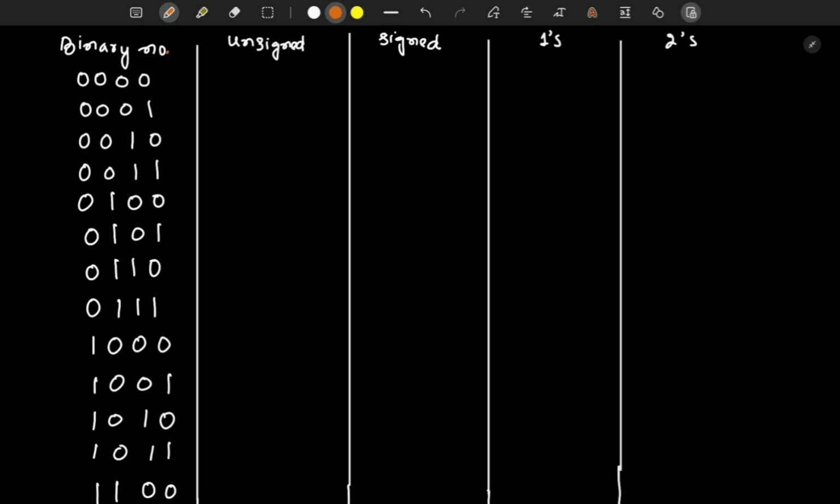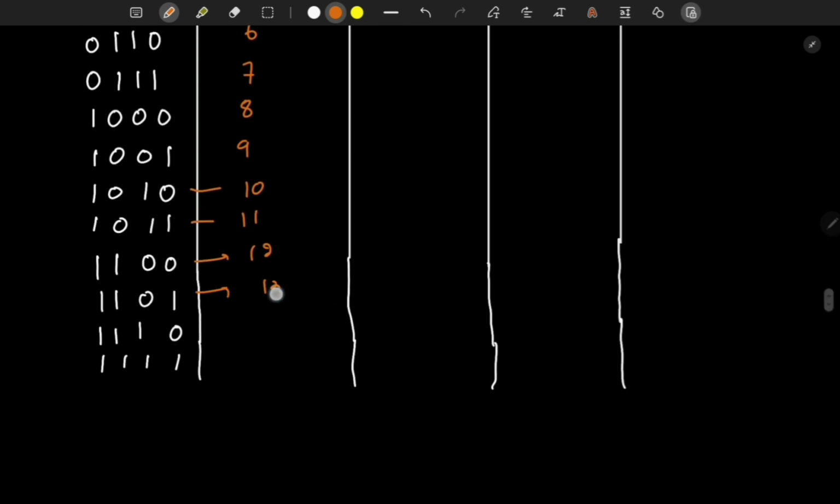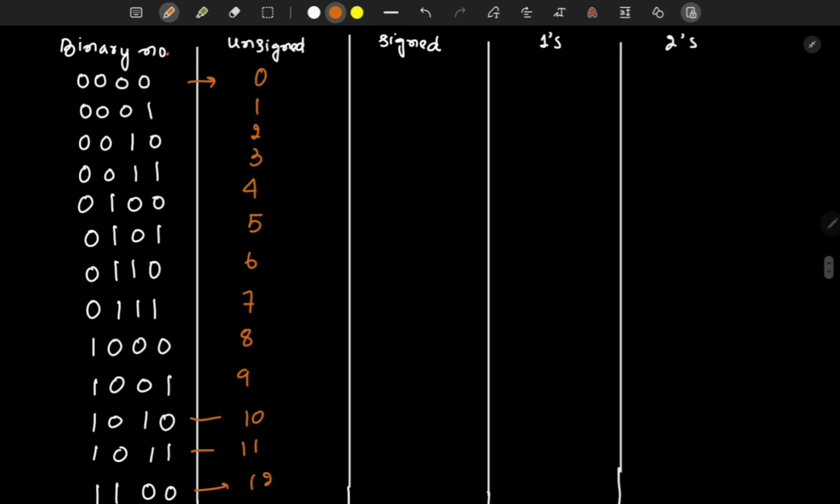Now here we have taken 4 binary bits and all the possible combinations from 0, 0, 0, 0 to 1, 1, 1, 1. In unsigned number representation, this is equivalent to 0, 1, 2, 3, 4, 5, 6, 7, 8, 9, 10, 11, 12, 13, 14, and 15. In signed representation, 0 at the MSB position represents a positive number. So up to this point we have positive numbers, and after this we have negative numbers.